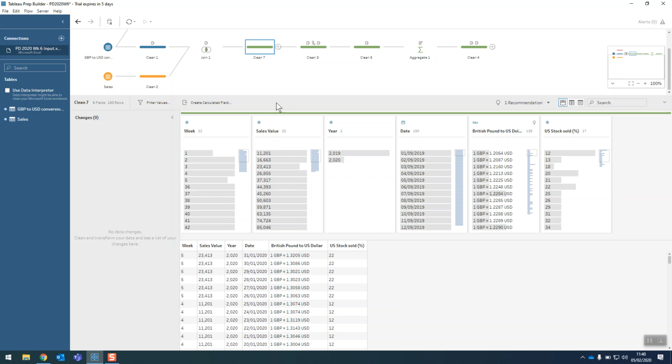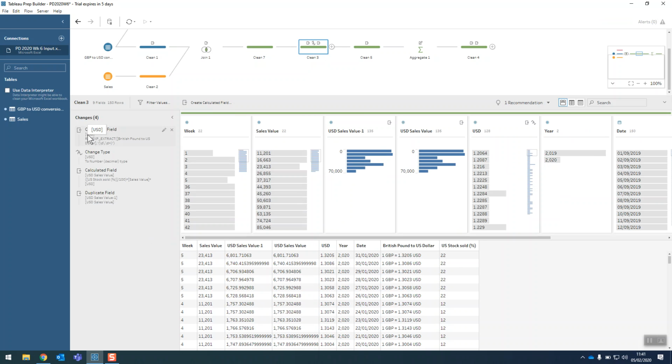So what we want to do is extract this conversion rate, this number here, and multiply it by the sales value times the percentage of it that is US. That's what we're going to do in this step.